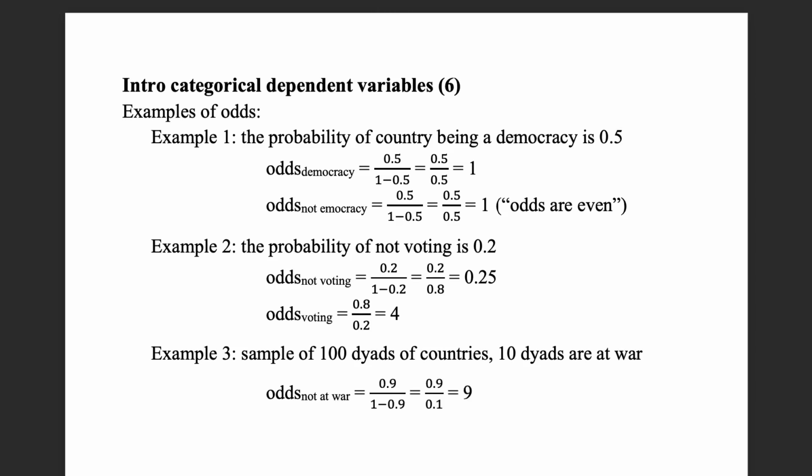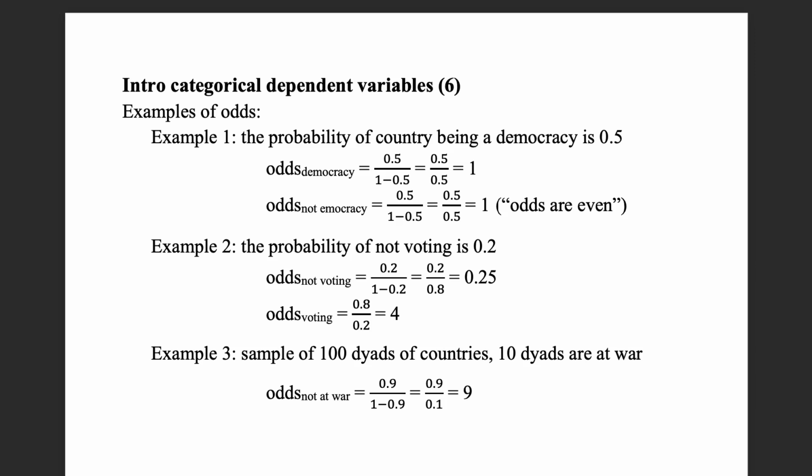Well, that was probably quite difficult for you, but yes, it is 0.9 divided by 0.1. Why 0.9? Well, we know what the probability of being at war is, because 10 dyads are at war. So that means 10 out of 100 dyads are in fact at war, so the probability of being at war is 10 divided by 100, which works out to 0.1. Which means that the probability of dyads not being at war is 1 minus 0.1, which works out to 0.9.